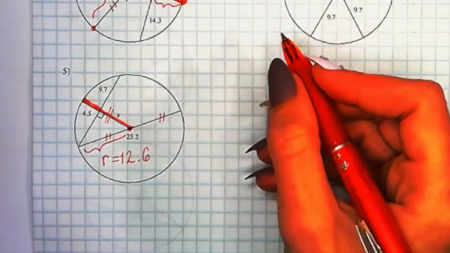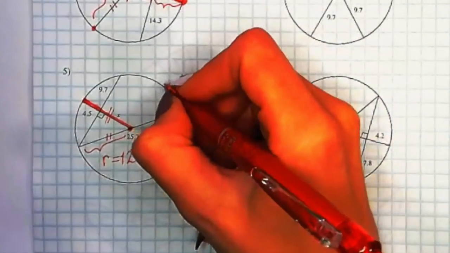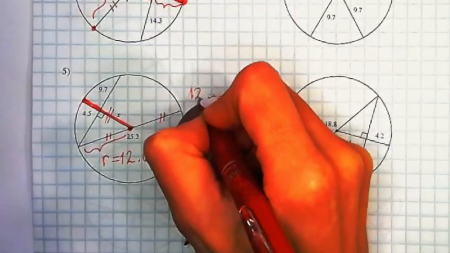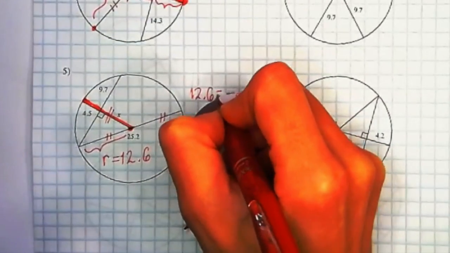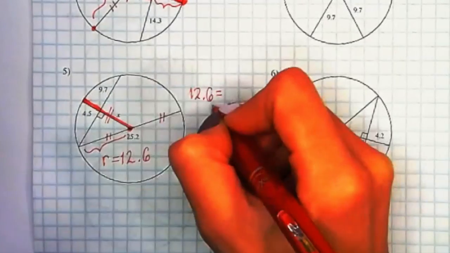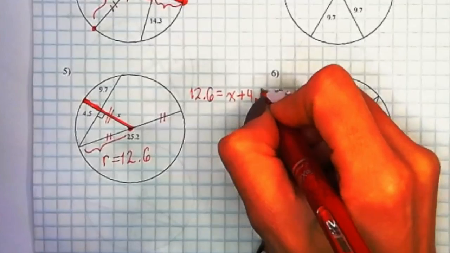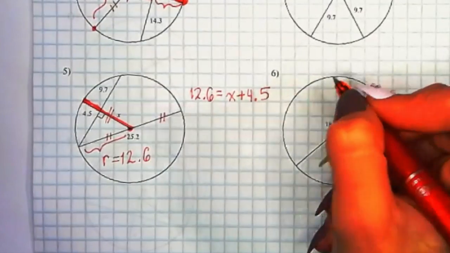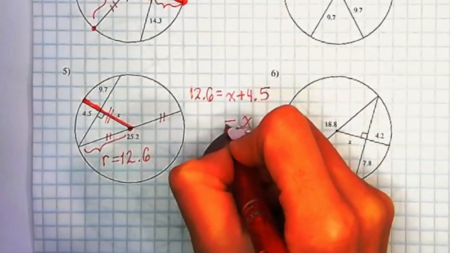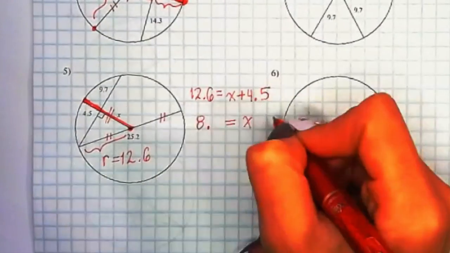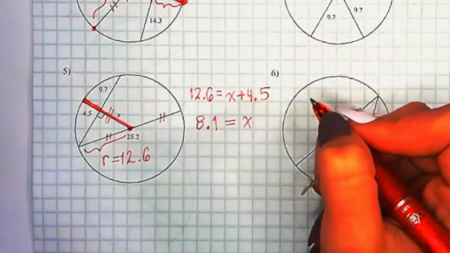Well, one thing we can do is we can state that 12.6 is equal to x plus 4.5. Subtract 4.5 from both sides, and we'll have that x is equal to 8.1.